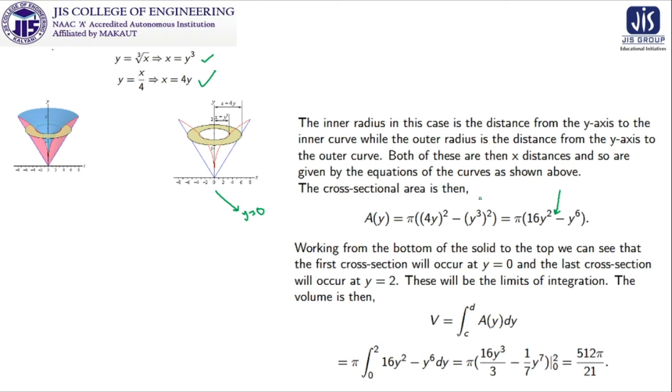And A(y), which is already calculated as a function of y, we have to substitute in this position. We must give some bracket over here, and after that the simple integration will be performed. Lower limit and upper limit will be substituted, and the final result is received. So the calculation is not at all any difficult thing.